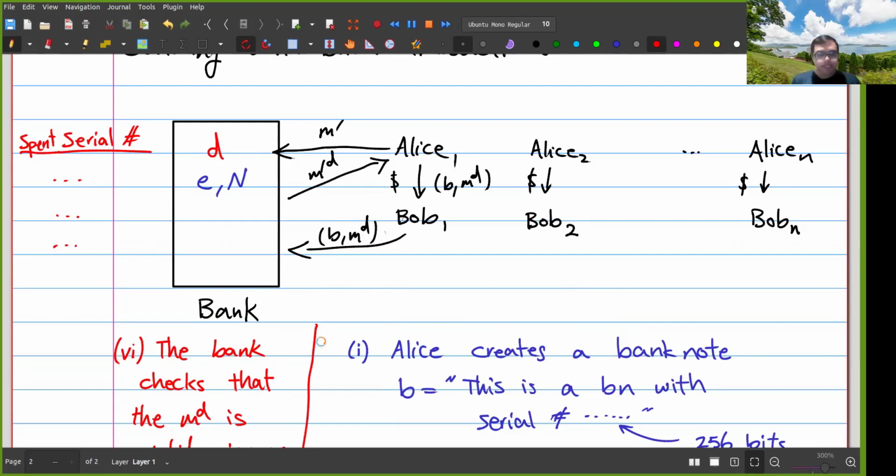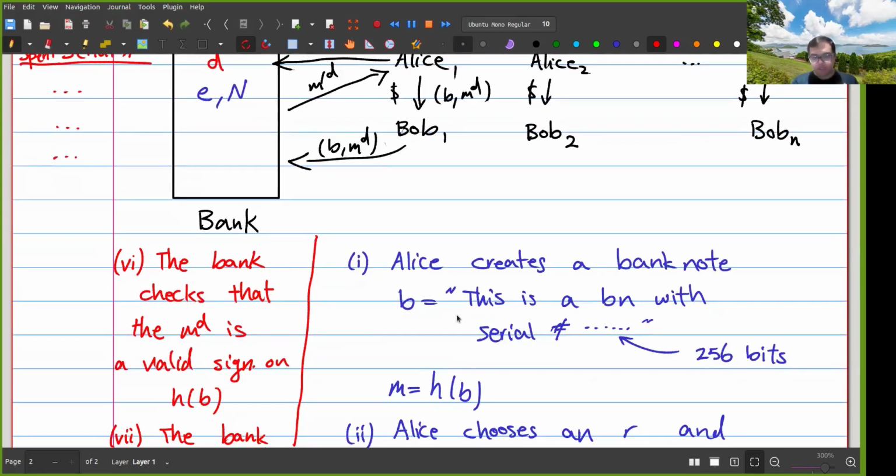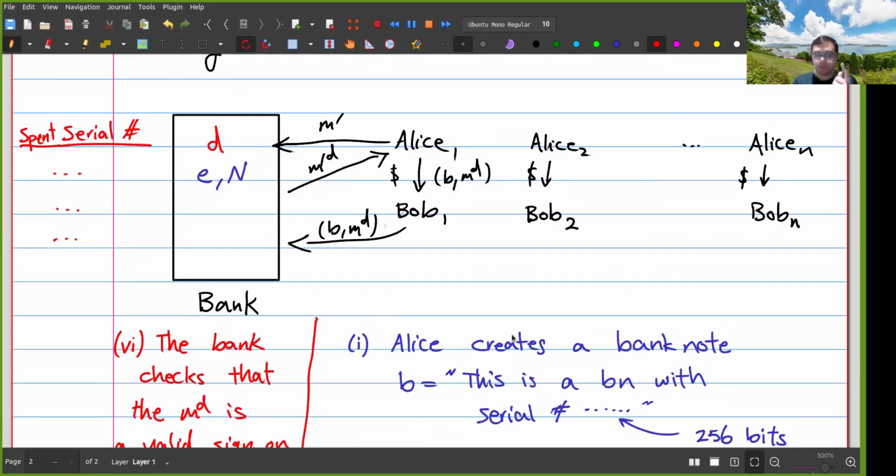So now you see that this is actually very interesting, because I had many different people who came to the bank and asked for signatures on many different banknotes that they had created. And by the way, a very important point here is that all the banknotes have the same value. All the banknotes are just worth $1, right? Otherwise, this wouldn't work.